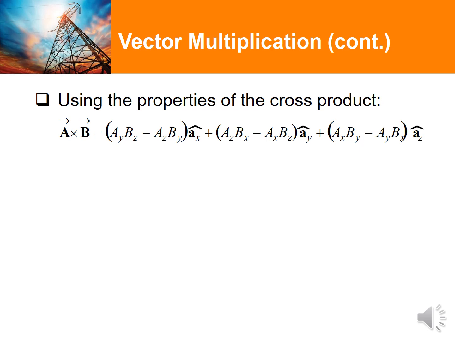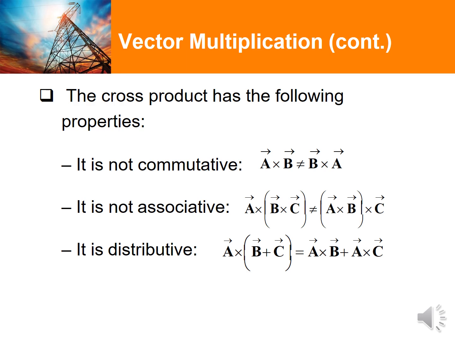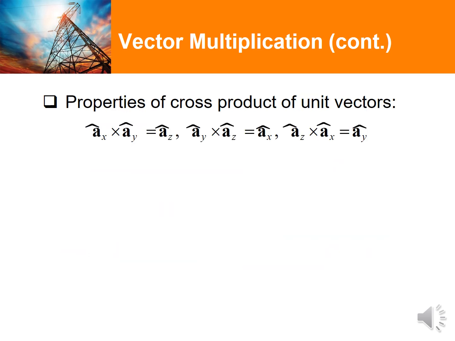It can also be written in matrix form that can be more easily remembered. The cross product does not follow commutative and associative laws, but it is distributive.